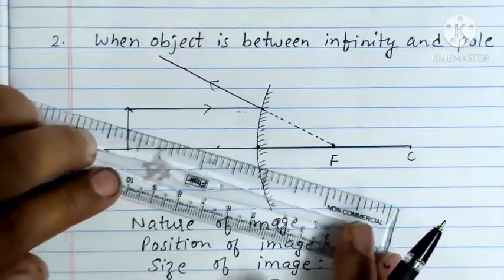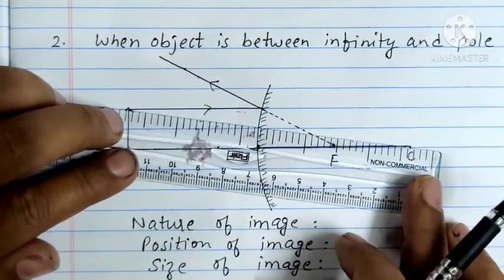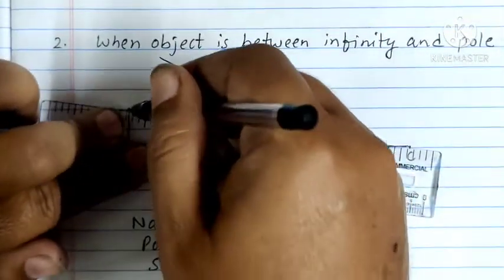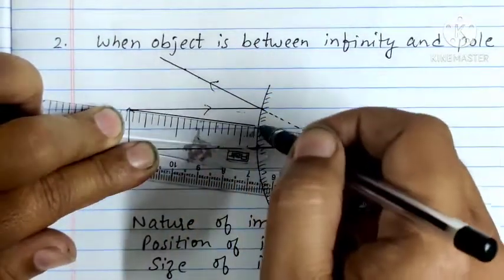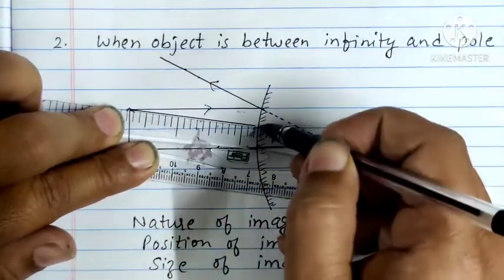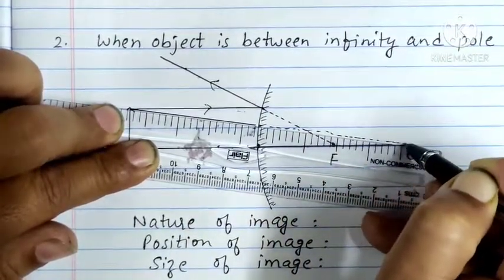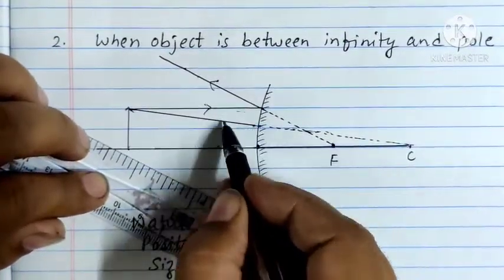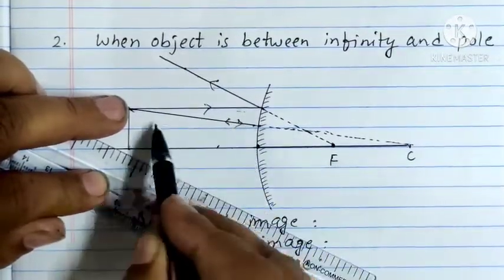The second rule that we are going to use is the ray of light which is directed towards the center of curvature. This is the ray of light directed towards the center of curvature.